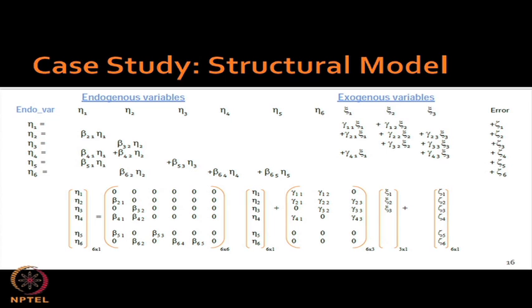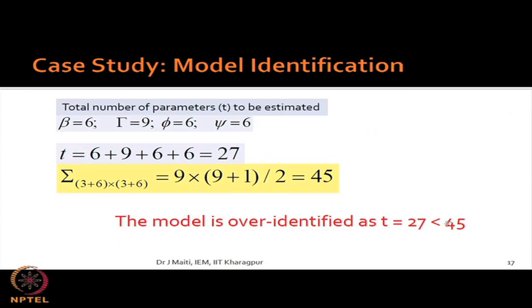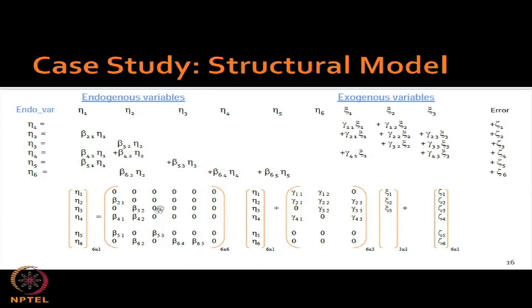So, in terms of model estimation, we basically require estimating 6 beta parameters, 9 gamma parameters, and this parameter, is it 6, 1, 2, 3, 4, 5, 6, no, it is basically 9. Okay.